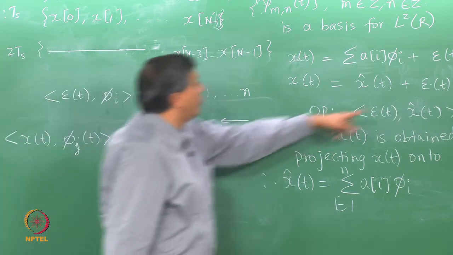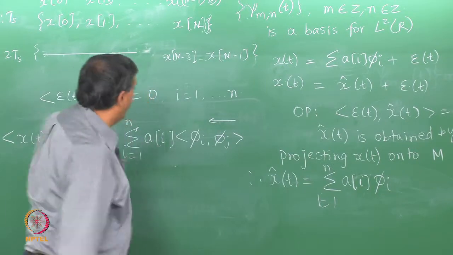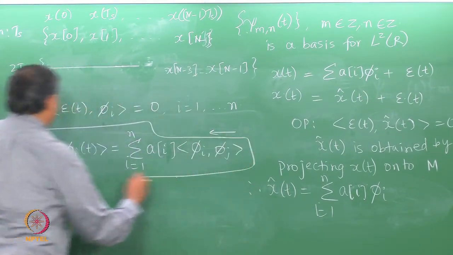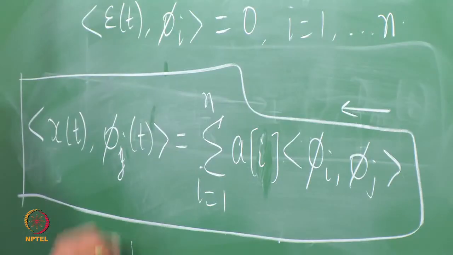The second term goes to 0 by our orthogonal projection requirement, and therefore, I get these equations. And I let j run from 1 to n.